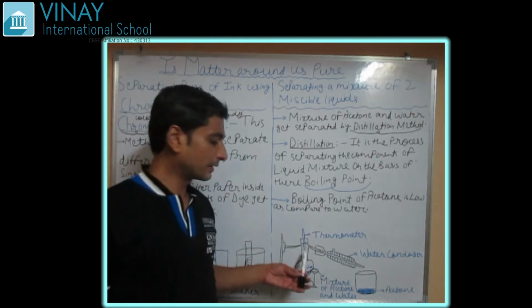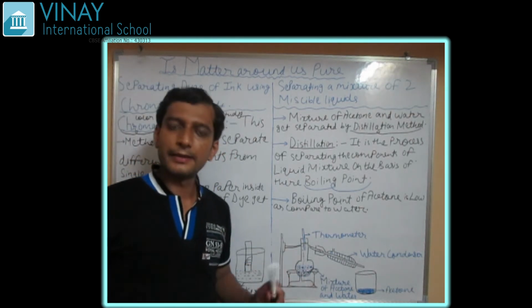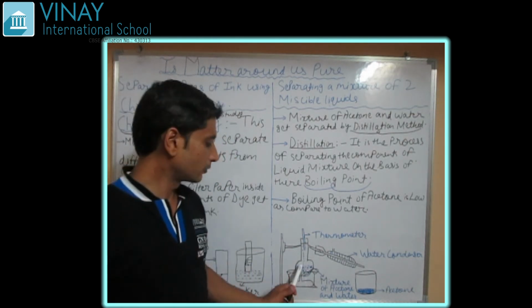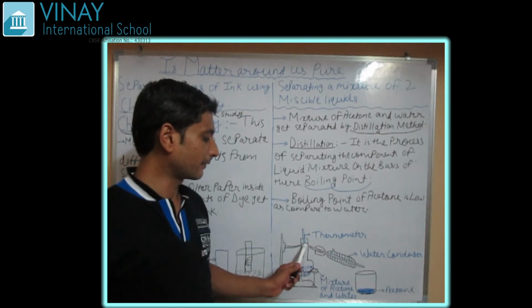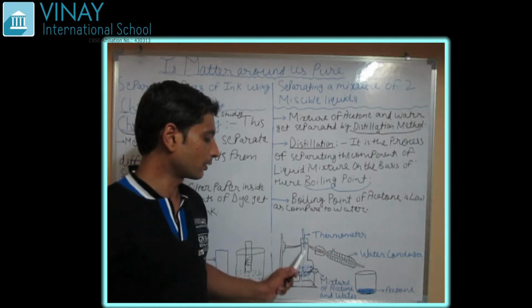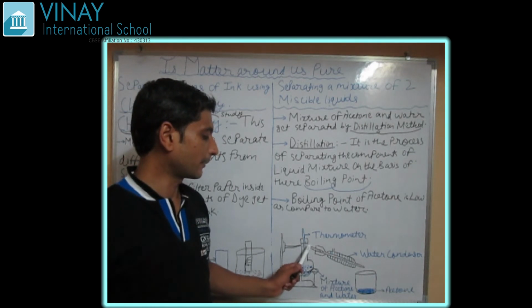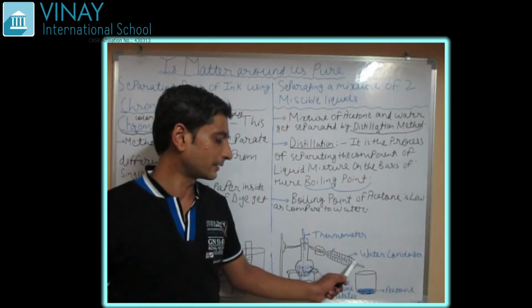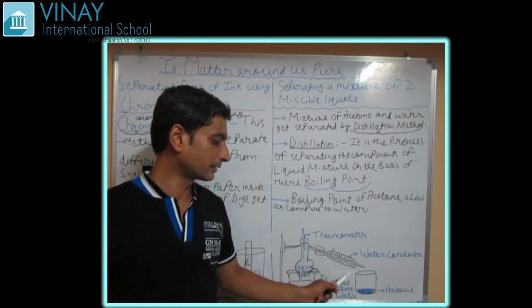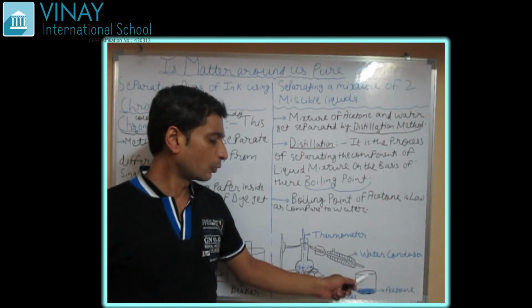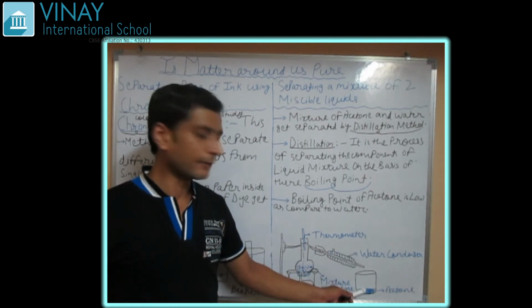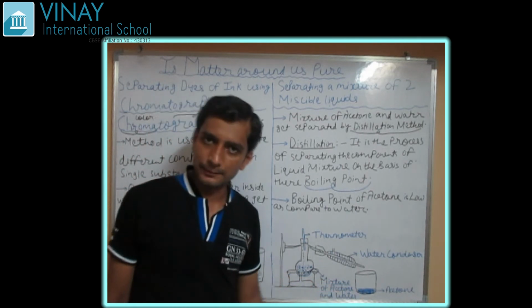Of course, since acetone has a low boiling point, acetone starts rising faster, before the water, and when this acetone passes through the water condenser, it cools, and we get the liquid acetone in this beaker.